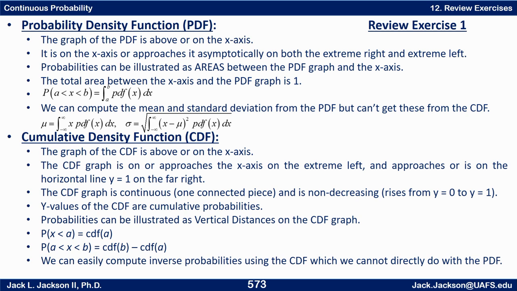A way to do that graphically on our calculator is to graph a horizontal line at whatever this probability is, which is the probability to the left of the a value, and calculate the intersection of that with the CDF graph. The x value of that intersection is then the a value that we're looking for. So those are the basic characteristics of probability density functions and cumulative density functions for continuous distributions.